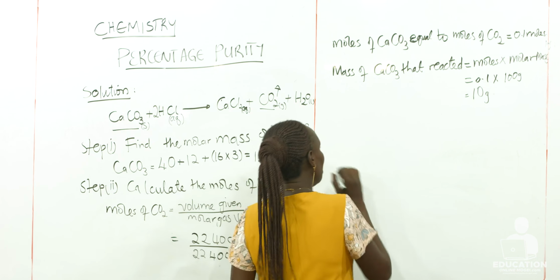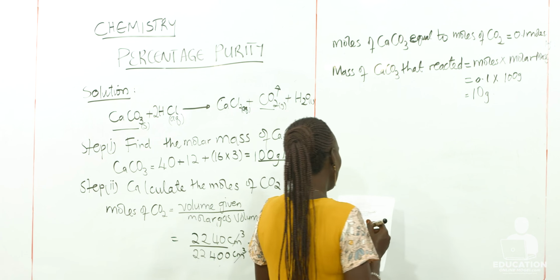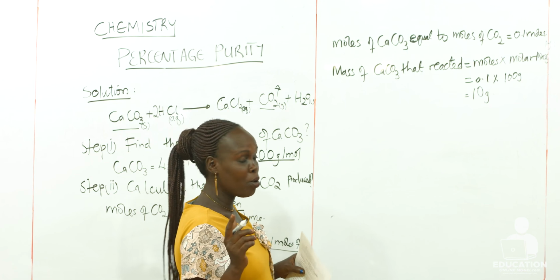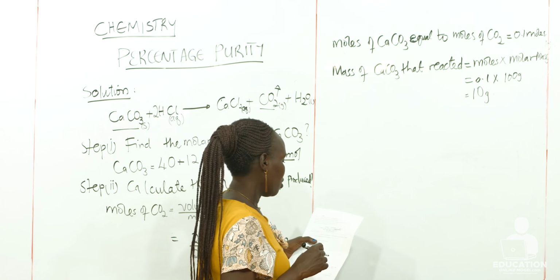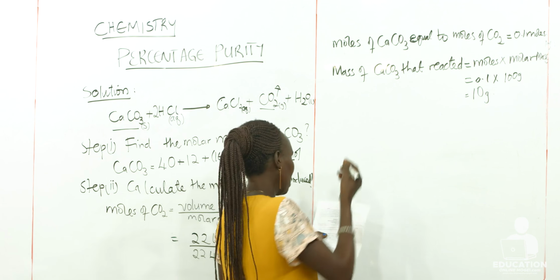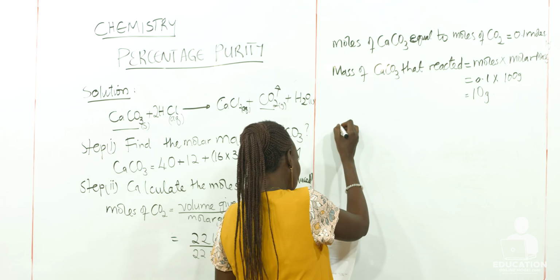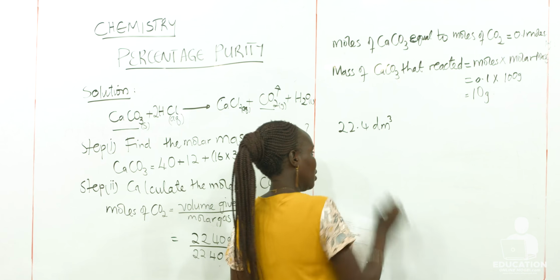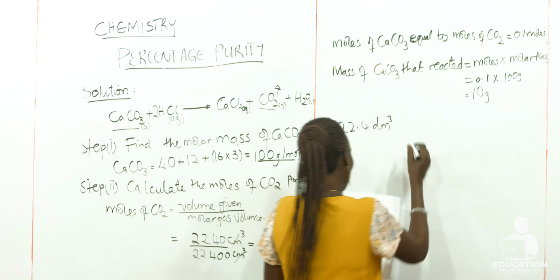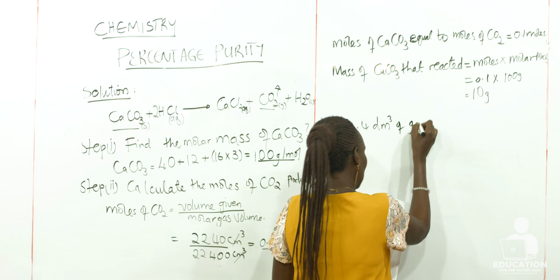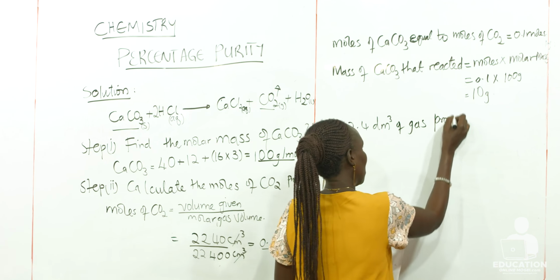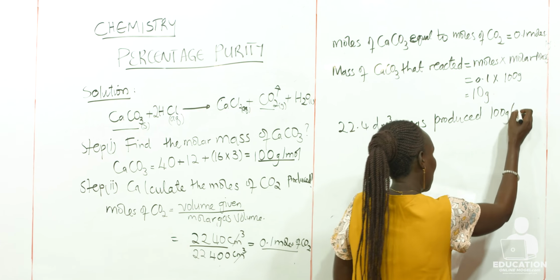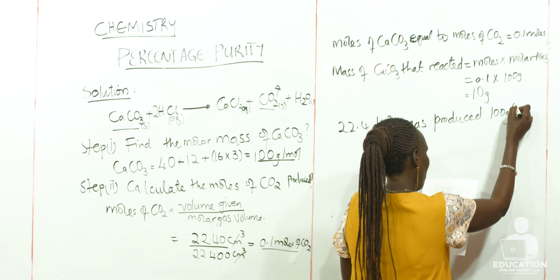So we continue that. Remember, 22.4 liters of gas is produced by 100 grams, which is 1 mole of calcium carbonate. Remembering from the equation there, 22.4 dm³, which is the same as liters of gas, is produced by 100 grams, which is the molar mass of calcium carbonate, which is 1 mole.